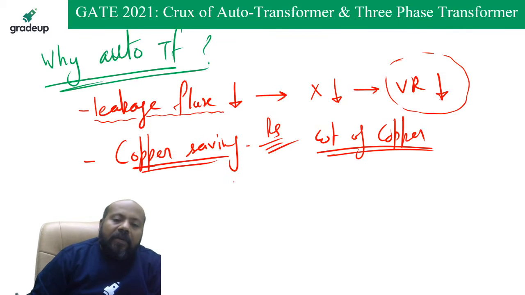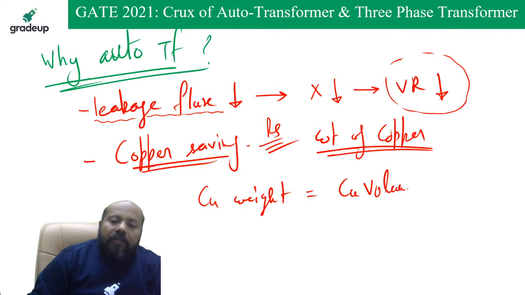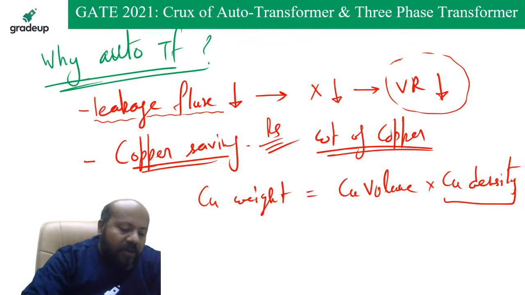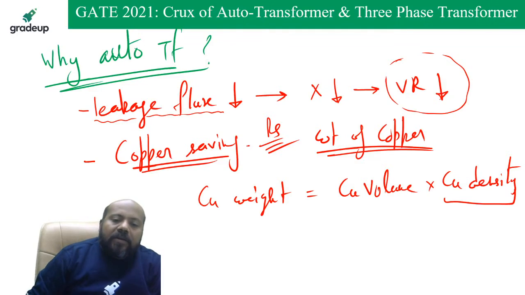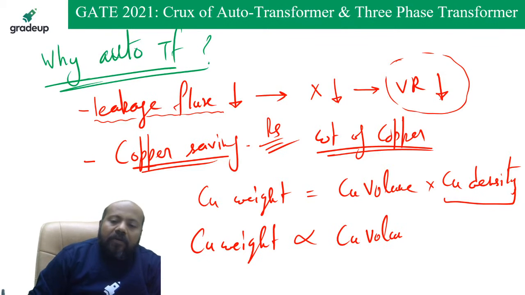How can you write the weight of the copper? Copper weight you can write as copper volume multiplied by copper density. Now copper density is something which is going to be constant for you, for me, and for everyone. It means you can say the copper weight is directly proportional to the copper volume.